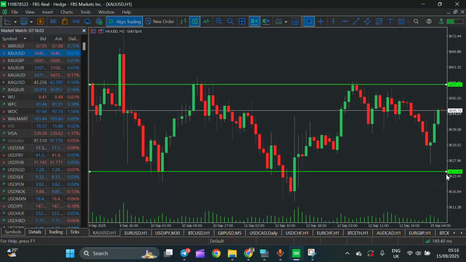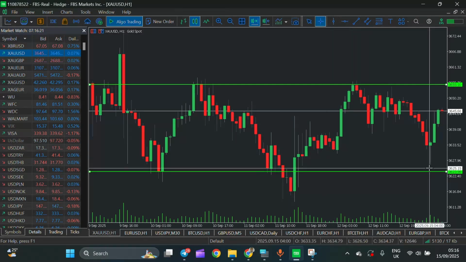But I would advise you wait for it to get to the swing low, at 3623.98, within this section, and then you go bullish. If you did this already, because the market has started, I believe you will be making 295 pips, more than that.